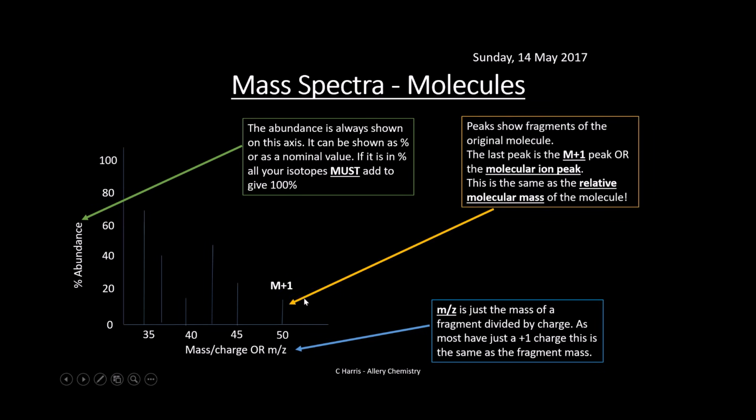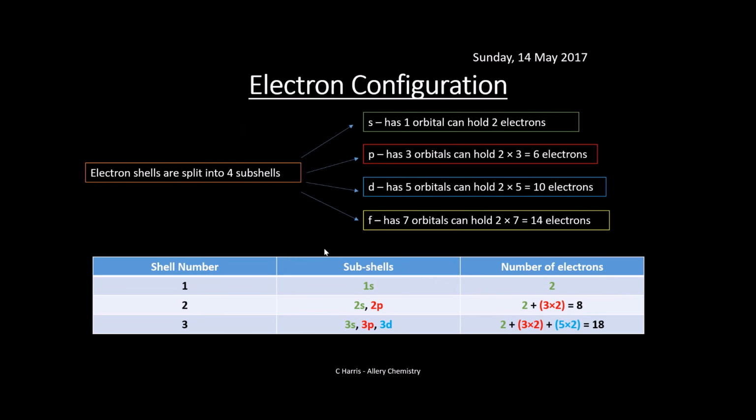And the peaks here, this shows the M+1 peak. So this is the molecular ion peak, and this is the same as the relative molecular mass of the molecule. So sometimes we get fragments that break up the molecule, and sometimes this isn't. So this is an unfragmented molecule, hasn't been broken up, and you just get this M+1 peak. So basically this is just the mass of the full molecule.